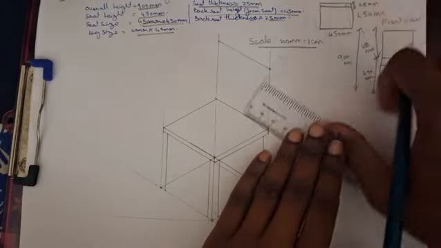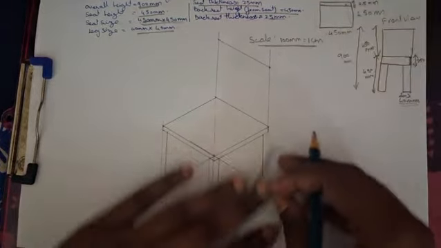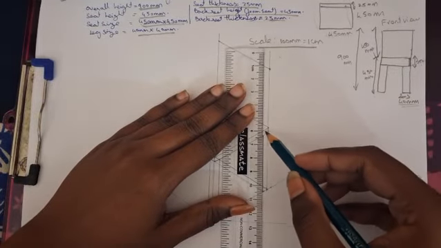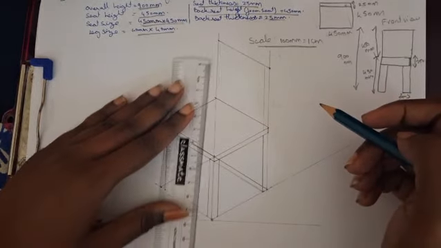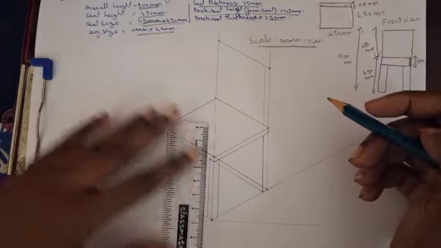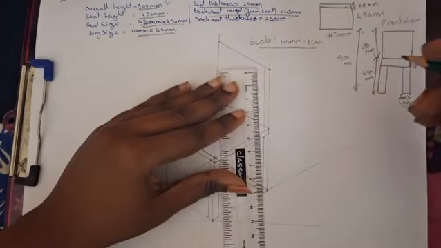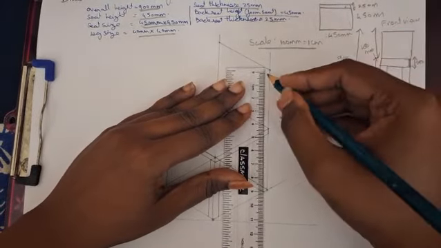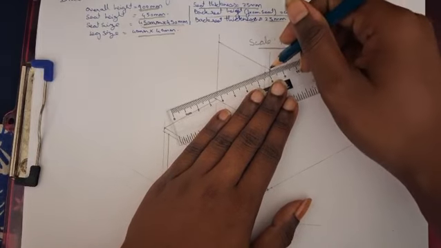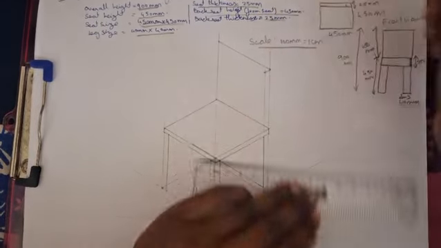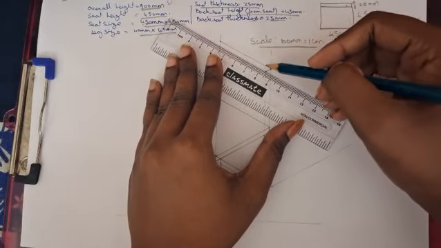I'll just mark 25 mm, and now I need to draw the parallel line.